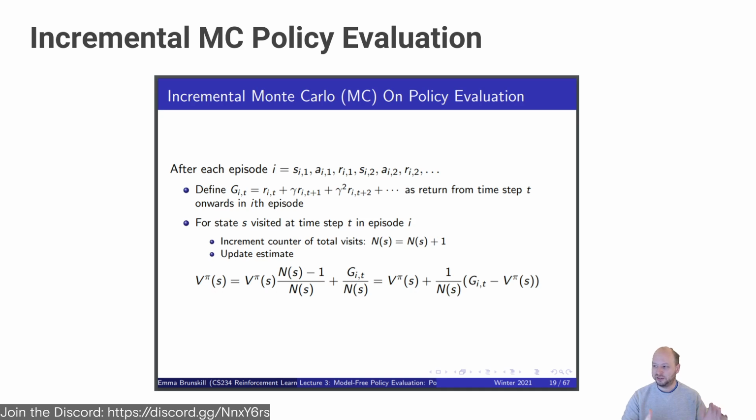This is a nice medium between first visit and every visit, helping us learn over time what we should expect. In the beginning, high variance, but over time, lower variance, and hopefully still no bias.